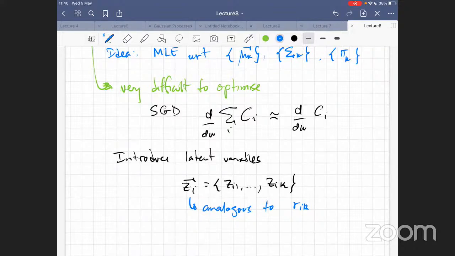But these are latent variables, so you need to optimize over these variables at some point. It is just now in a probabilistic fashion, a probabilistic interpretation.